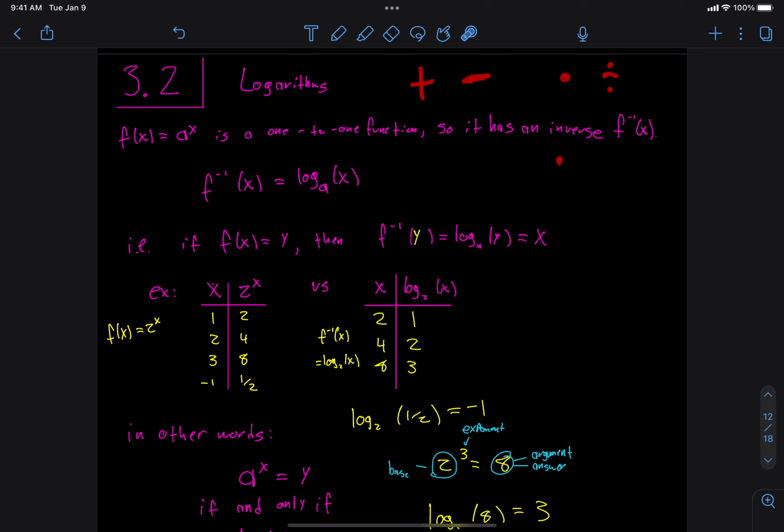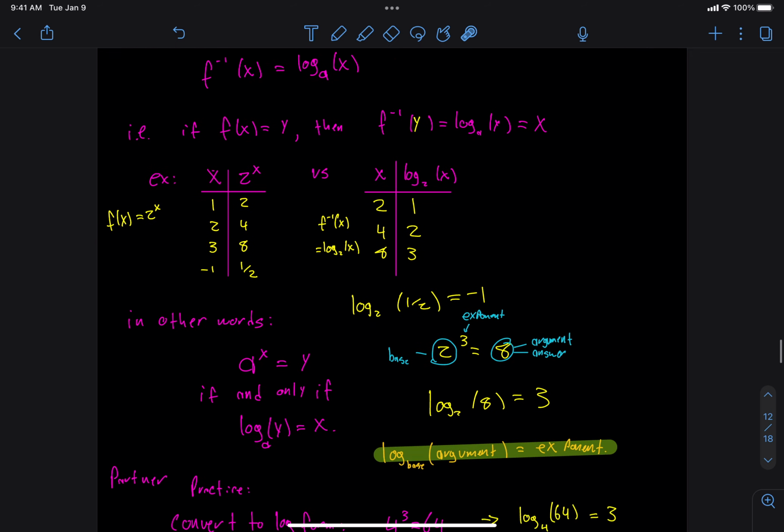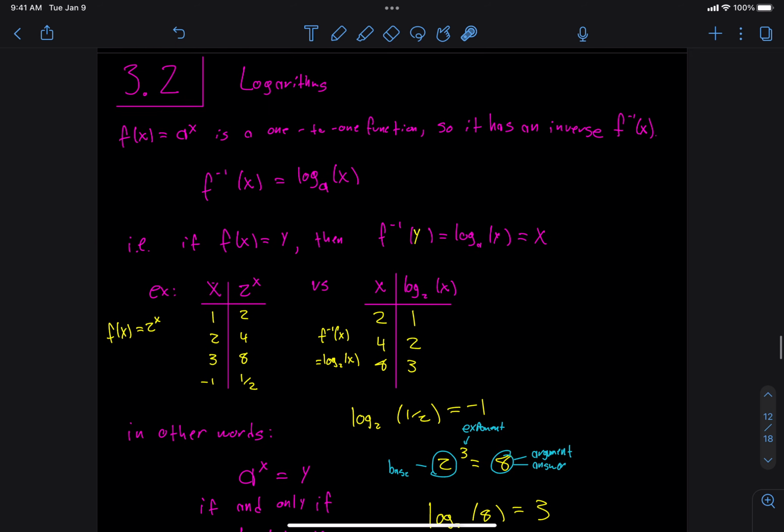And the way that we undo 2 to the x is with log base 2 of x. This is how we undo 2 to the x. So logarithms undo exponentiation.